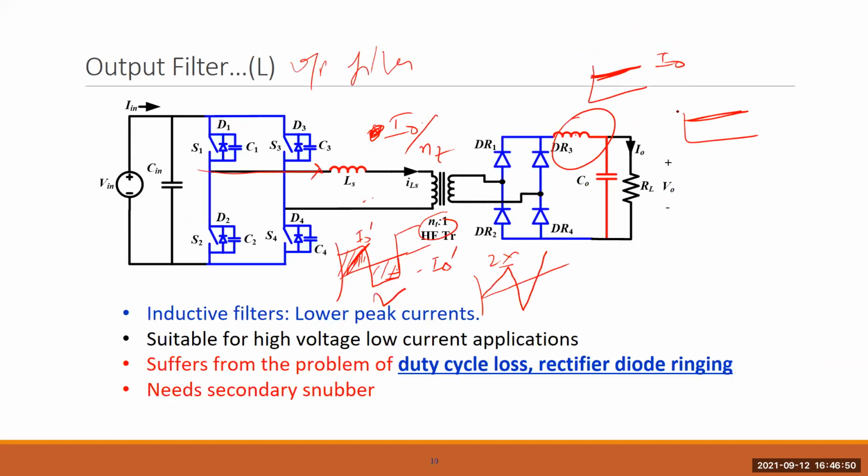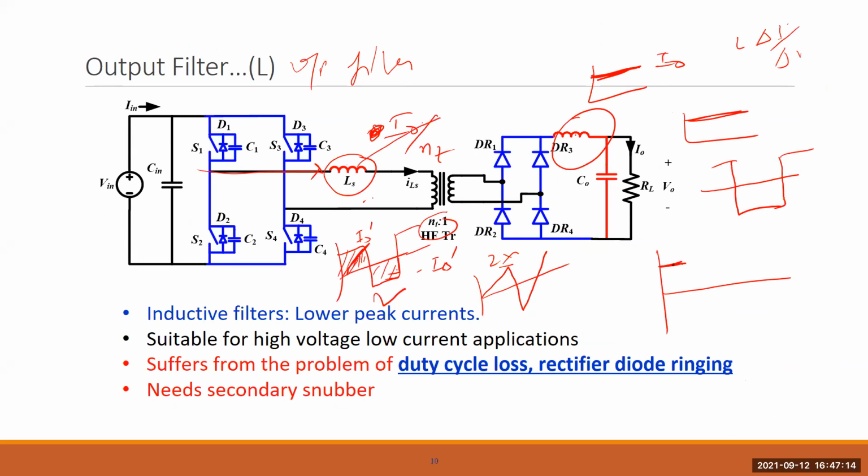But this cannot be a square waveform as it is because you have an inductor, the transformer leakage inductor. So the change in the current cannot be instantaneous because it is the inductor's property to avoid the change in current. So based on this leakage, which is L di by dt, it depends on the value of the inductance, high or low.